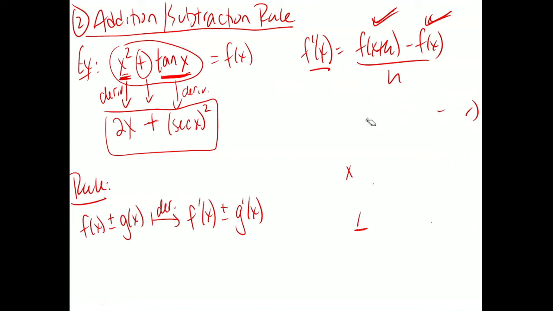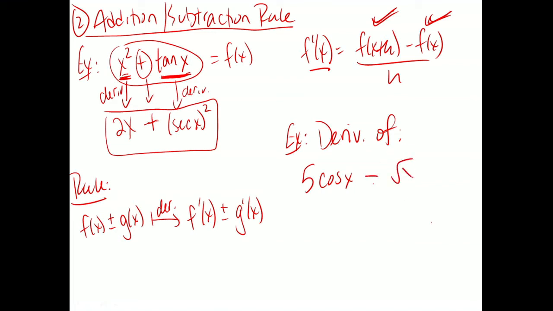If I wanted to do something like, what's the derivative of something like 5 cosine of x minus, I don't know, the square root of x or something like that. Okay.